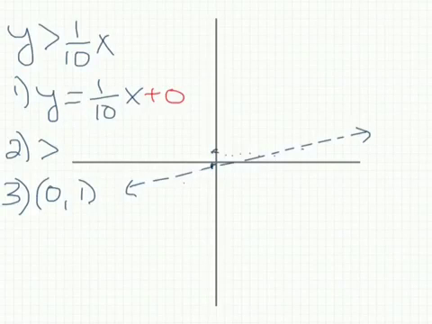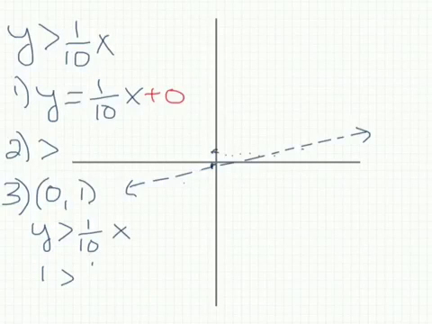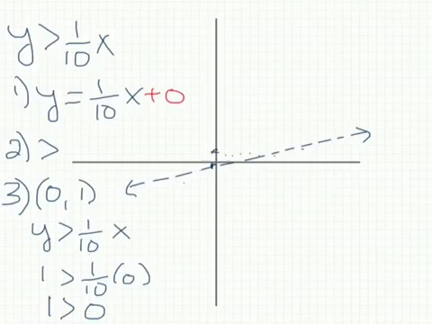Okay, so to plug that in, I'm going to plug it into y is bigger than 1/10 x. Y is 1, so this is going to be 1 is bigger than 1/10 times 0. And 1/10 times 0 is 0, so I'm going to have 1 is bigger than 0, which is definitely true.